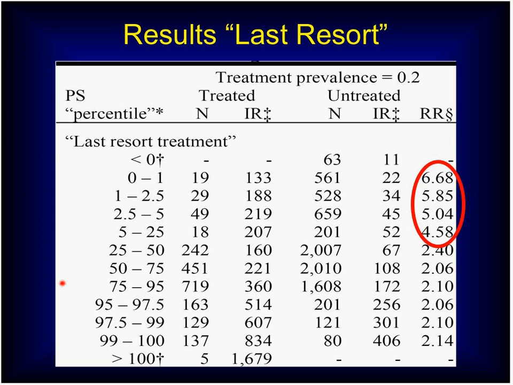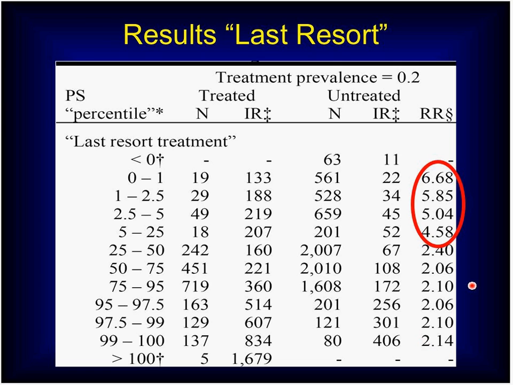And you can see here, this is the stratified table from the simulation results, and you see that this leads to non-uniform treatment effect estimates in our simulation setup, despite the fact that we simulate a uniform treatment effect of a relative risk of 2.